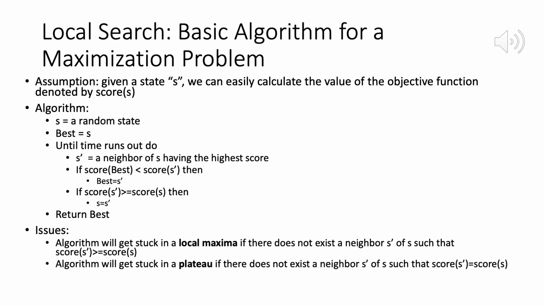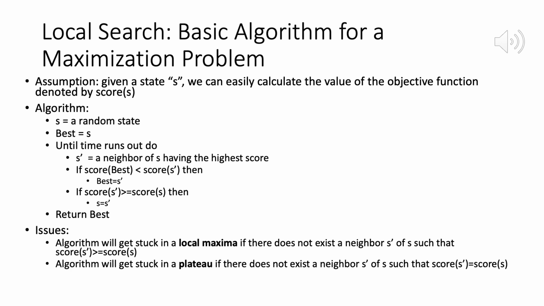A second problem with local search is that it may get stuck in so-called plateaus, which are flat regions where the best neighbor of S, and the move to the best neighbor of S is called a locally optimal move, has the same score as S. You will get stuck in those plateaus and you're not improving your current solution.